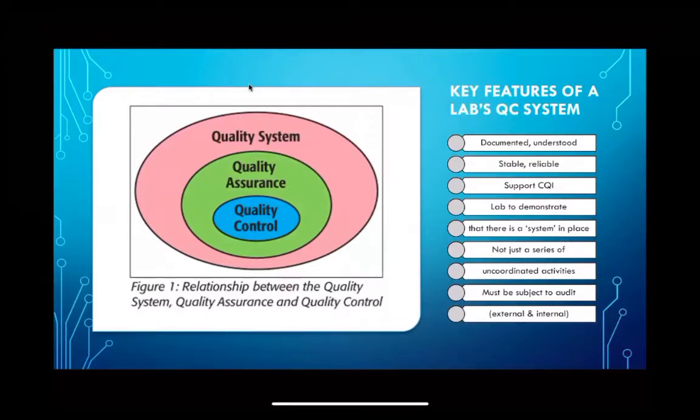This is how we are working in our laboratory. Whatever quality control system we develop, it includes not only the examination part but also pre-examination as well as post-examination. It should be well documented, understood by the people working in the laboratory, and it should serve some purpose.